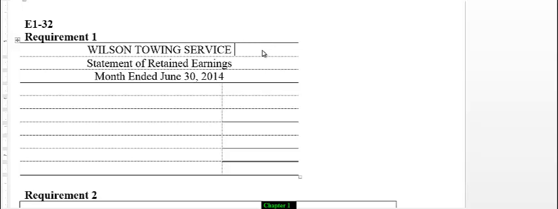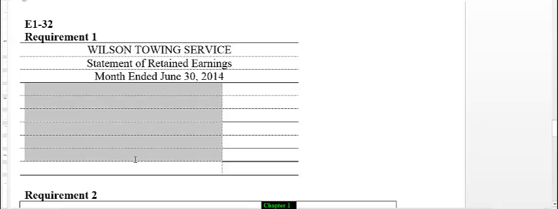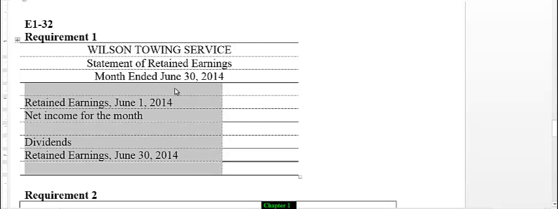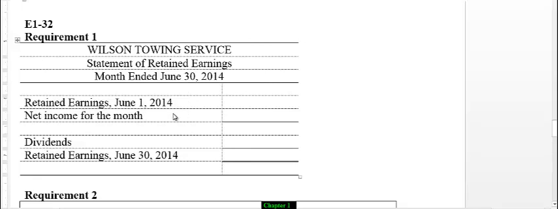So when we look at the statement of retained earnings, we're looking at where did we start, what changes took place that affect retained earnings. Revenues, expenses, and dividends will affect the retained earnings. So we want to take the beginning retained earnings, add to that our net income, which is going to be revenues and expenses, subtract out our dividends to get to our ending retained earnings balance.